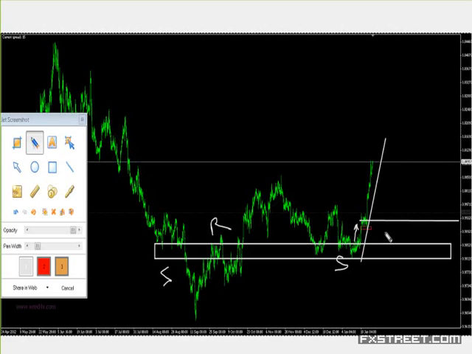So as far as timing is concerned, that's something which is not easy to say. It's not straightforward to say. But as far as the directional bias is concerned, as far as interpreting the structure is concerned, that is about as straightforward as it gets. So as long as the price is remaining and holding above this 98.50 block, then technically the instrument remains a long.